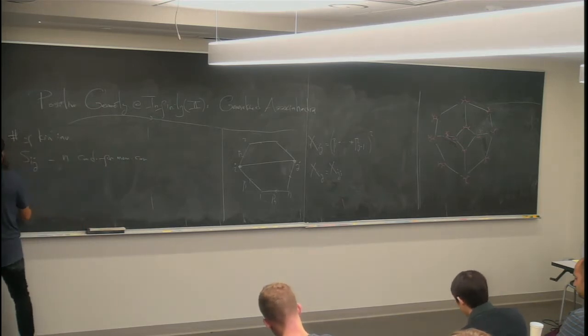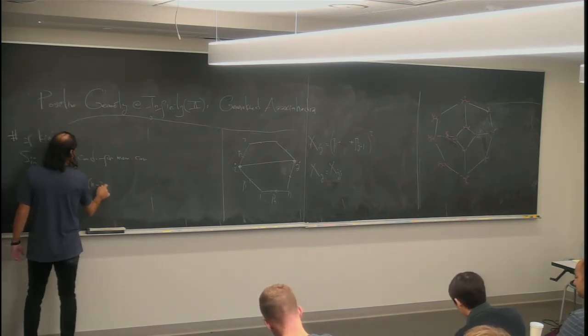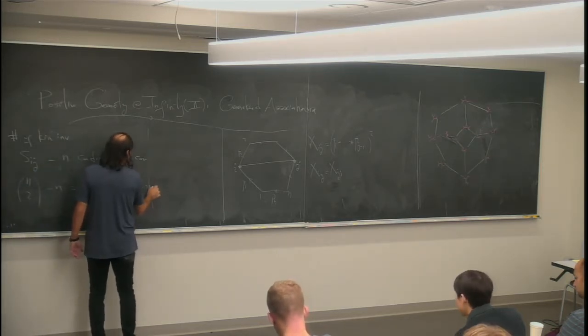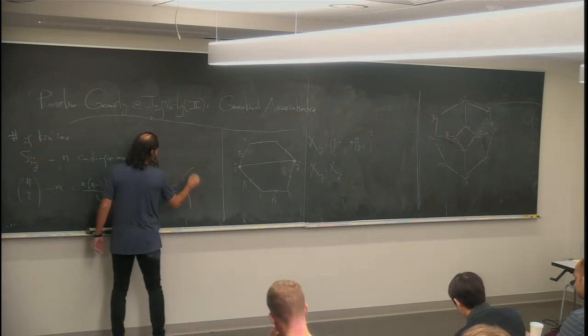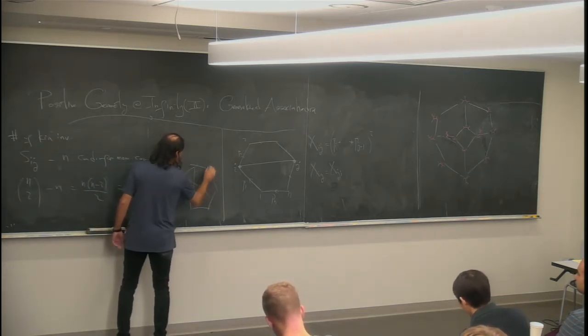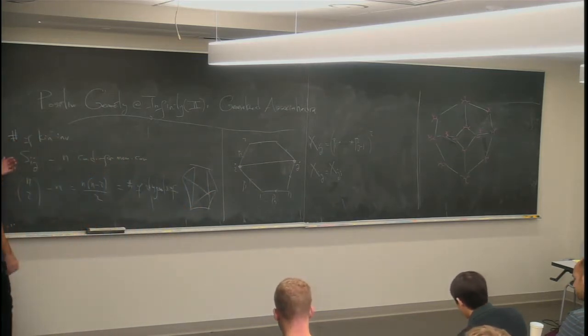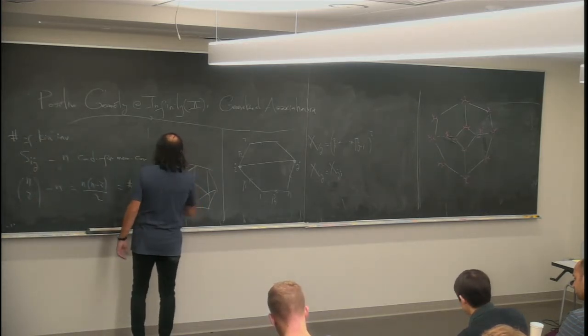And this, of course, is n choose 2 minus n, which is n(n minus 3)/2. But of course, this is also the number of diagonals of the polygon. And so on, right? At the same counting. The total number of edges minus the ones on the outside.